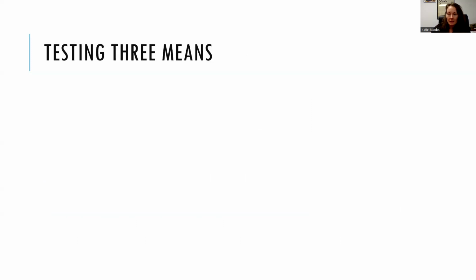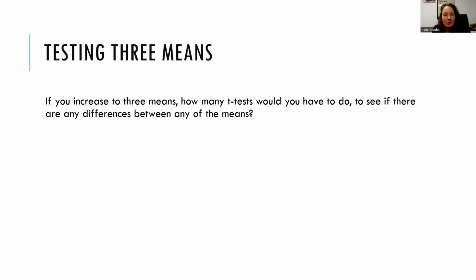So, testing 3 means. The problem is if you increase to 3 means, because that's substantially different than just having 2. How many t-tests would we have to do to see if there are any differences between any of the different means?